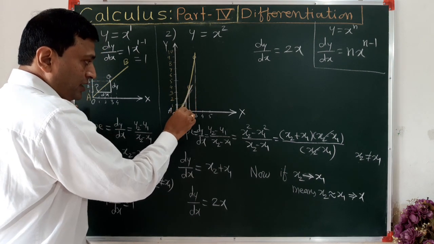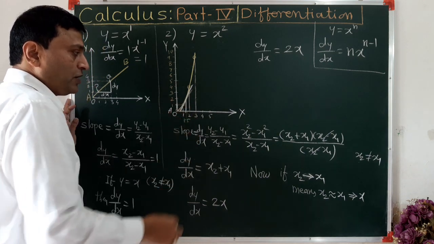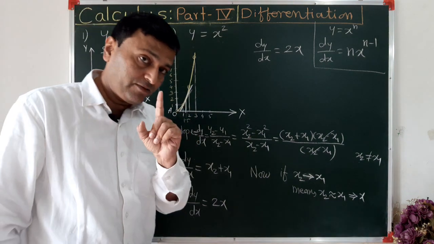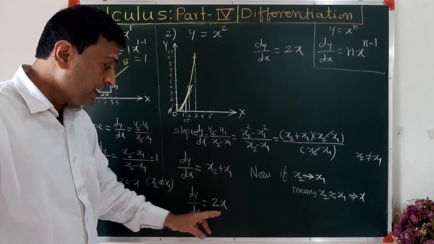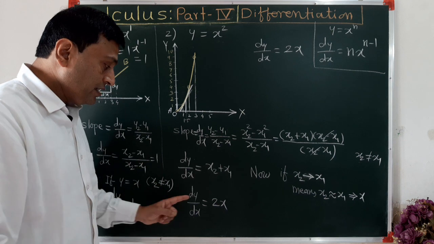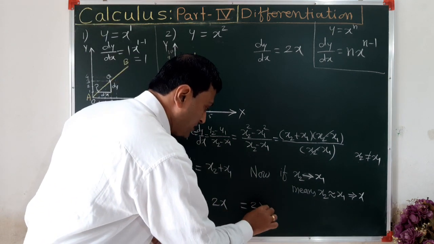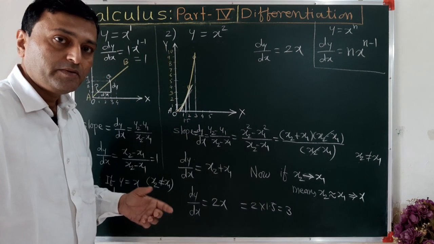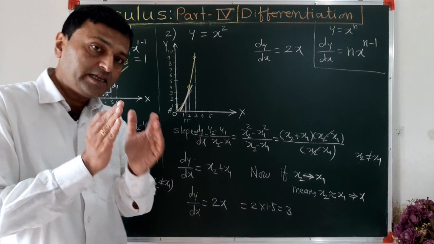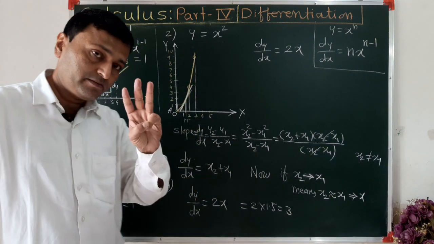At this point, suppose I have taken 1.5 here. Means at 1.5, the value of x is 1.5. Then I can say y will change at this rate. Means 3. 3 means what? If dx is 1, then dy will be 3.